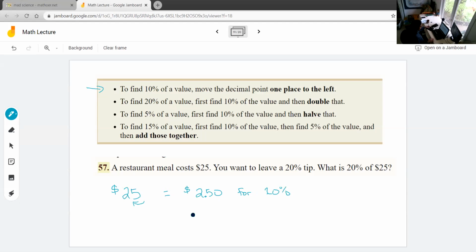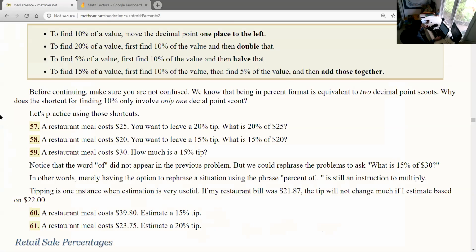If I want a 20% tip, I would just do that twice and have $5. Maybe I'm writing wrong. Should I write a times 2 here? Looks better. I see some nods. Okay, next one.